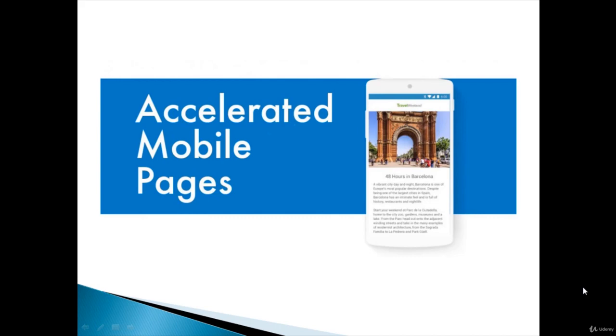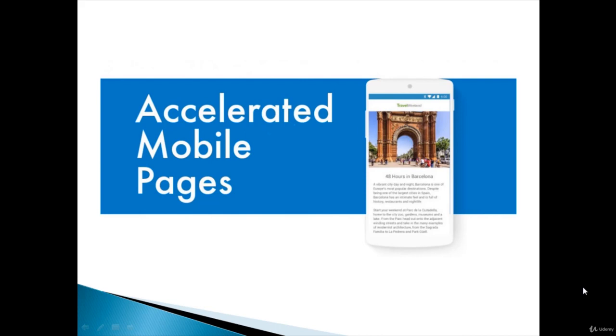AMP pages are in fact web pages for mobile, which are built on a special HTML version. In this HTML, all the elements that may slow down the loading of pages on a mobile version, like JavaScript, are going to be deleted and removed.